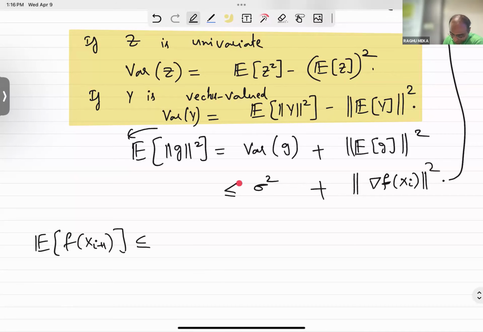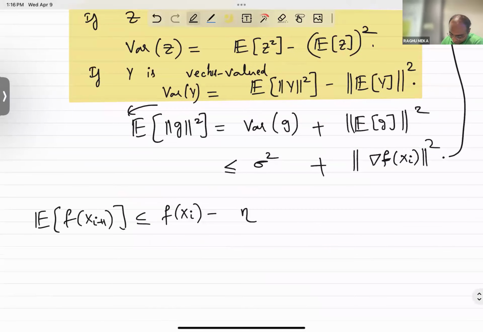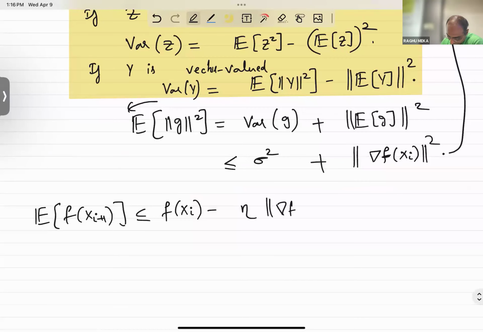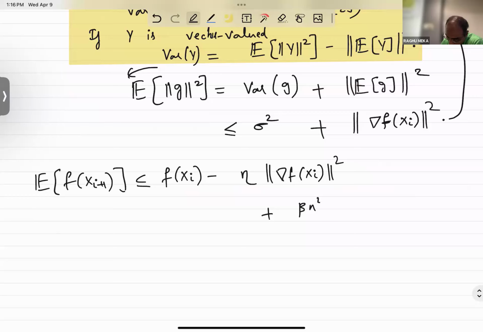I'm not going to do the fine-grained arithmetic, but you just have to substitute it in there, and we will get the formula. So the same calculations as before, except we have to take this one extra term into account.